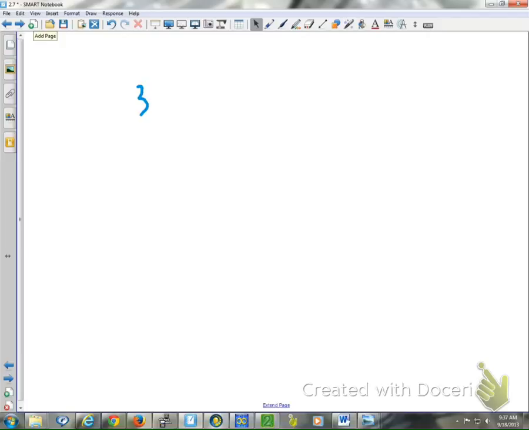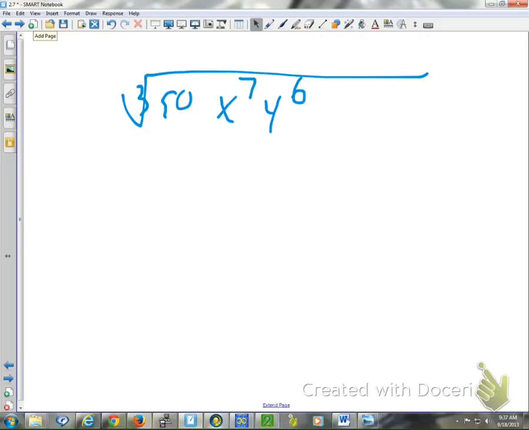Oh, that says a cube root. The cube root of 50.